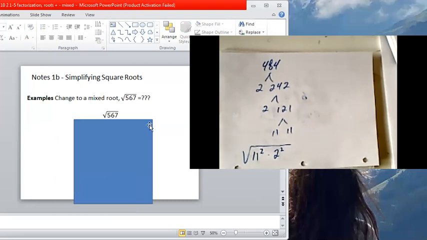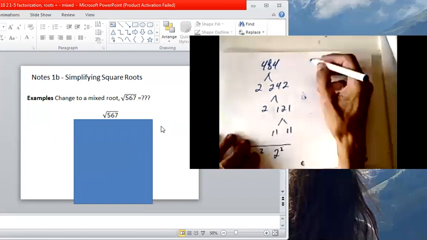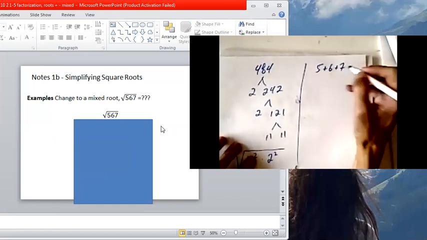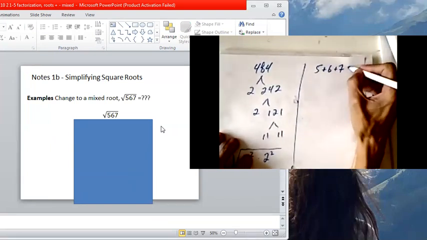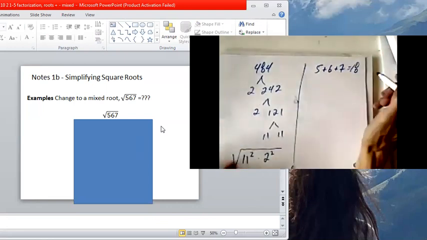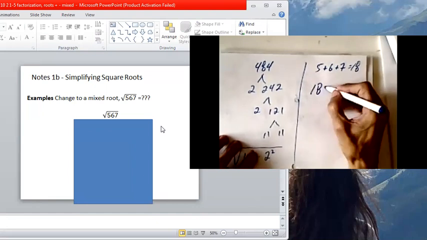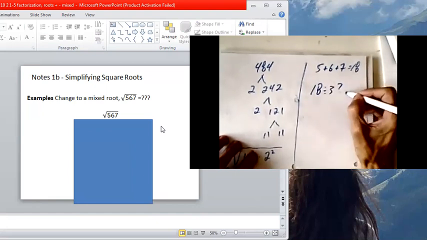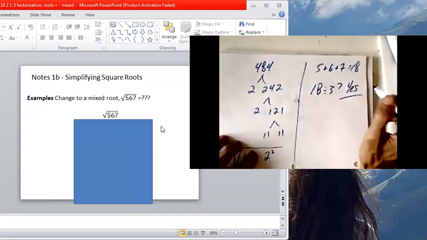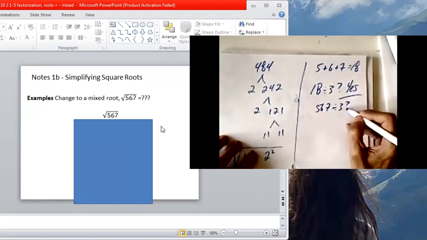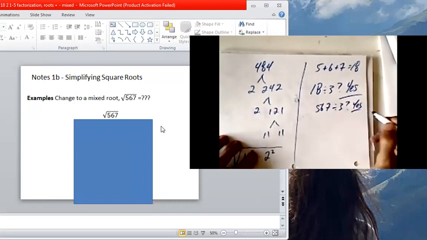567. Yeah, pretty awkward. But here's a trick. If you look at the numbers on the inside, 5 plus 6 plus 7, just add them up. You get 18, which is a smaller number, easier to work with. Now, does 18 divide by 3? The answer is yes. So the question is, does 567 divide by 3? And the answer is yes.